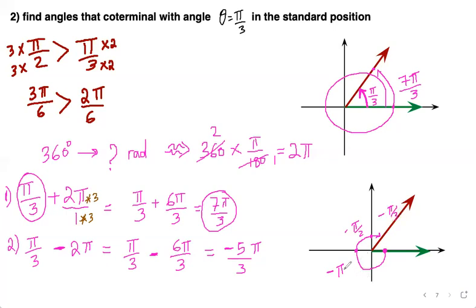If you sum negative pi plus negative pi over 2 plus negative pi over 3, you will get minus 5 pi over 3. And this angle is coterminal to this angle, and also coterminal to this angle. This is very important. Any question?